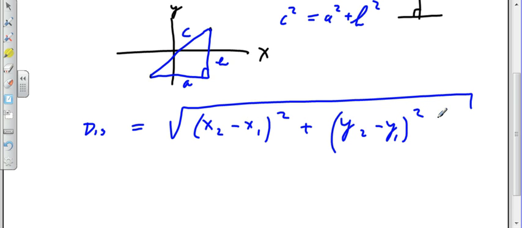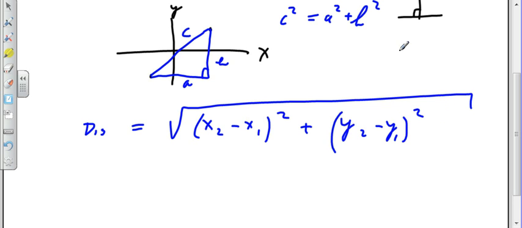And if I do that, then I'm going to get the distance between the 2 points. All I'm doing is taking advantage of my 2 points sitting on an xy plane, and the x and the y are perpendicular to each other.